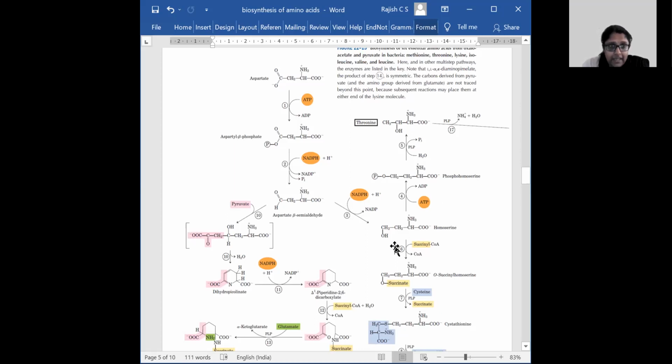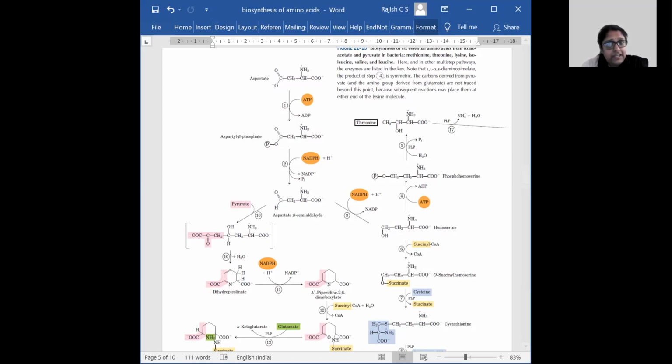So that is done by homoserine dehydrogenase. And once homoserine dehydrogenase adds the hydrogen to aspartate beta semialdehyde, instead of the CHO, we have the CH2OH, that is the homoserine.